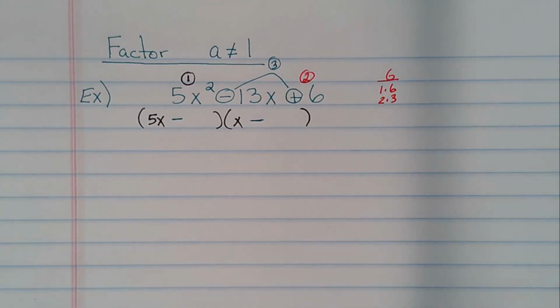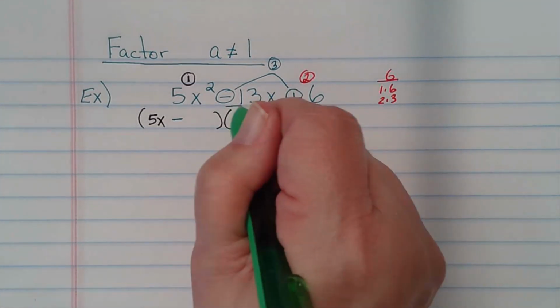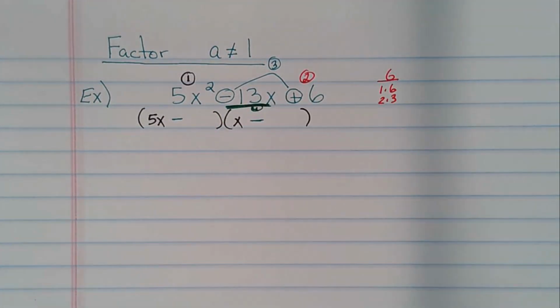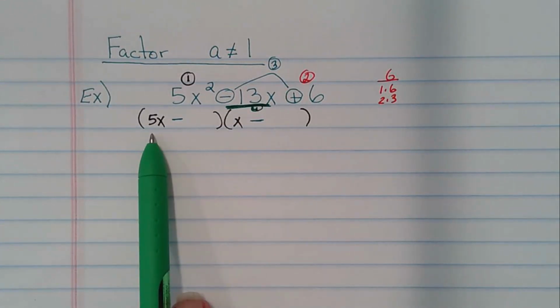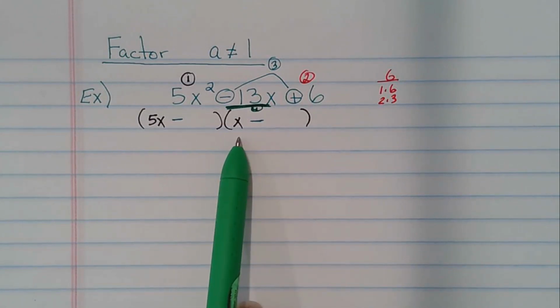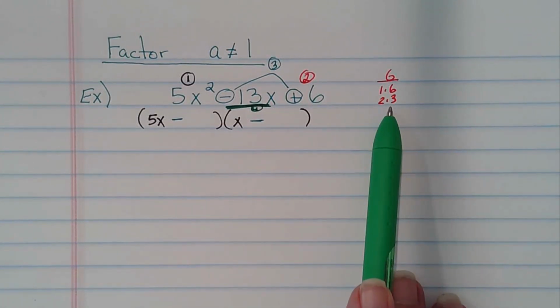And then the final place that I look, right here, step 4, is that negative 13x. Now, in our other types of problems, when I just had an x here and an x here, then all I had to do was look on my factor list and find things that added up to 13.